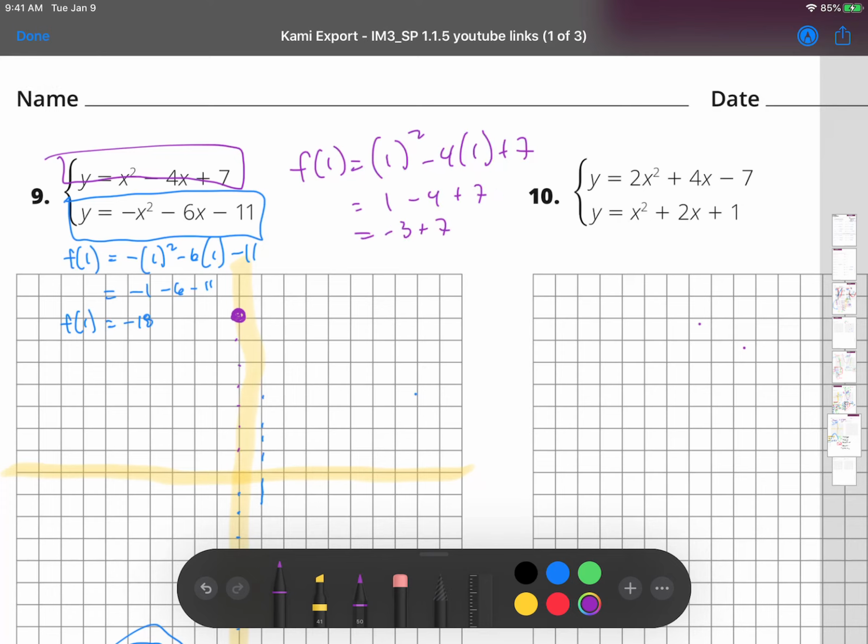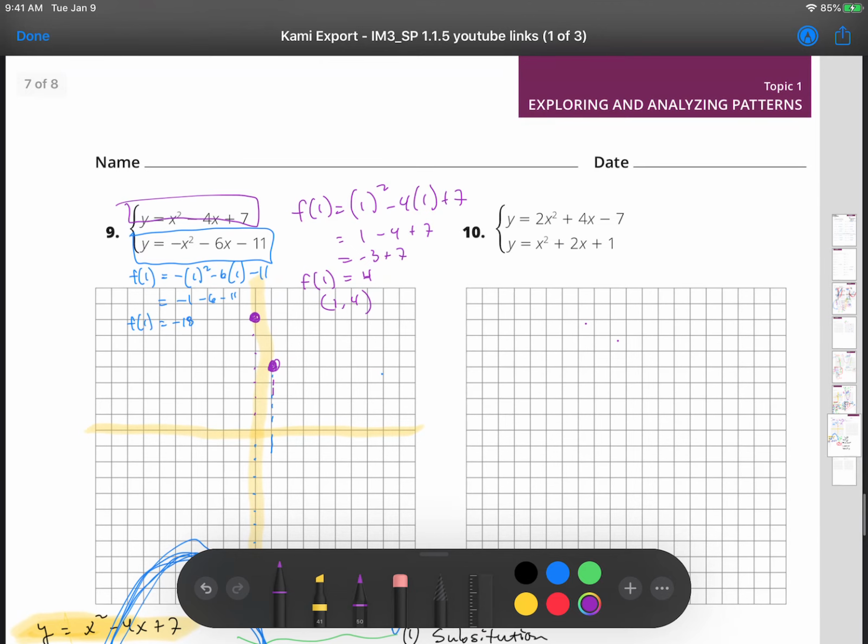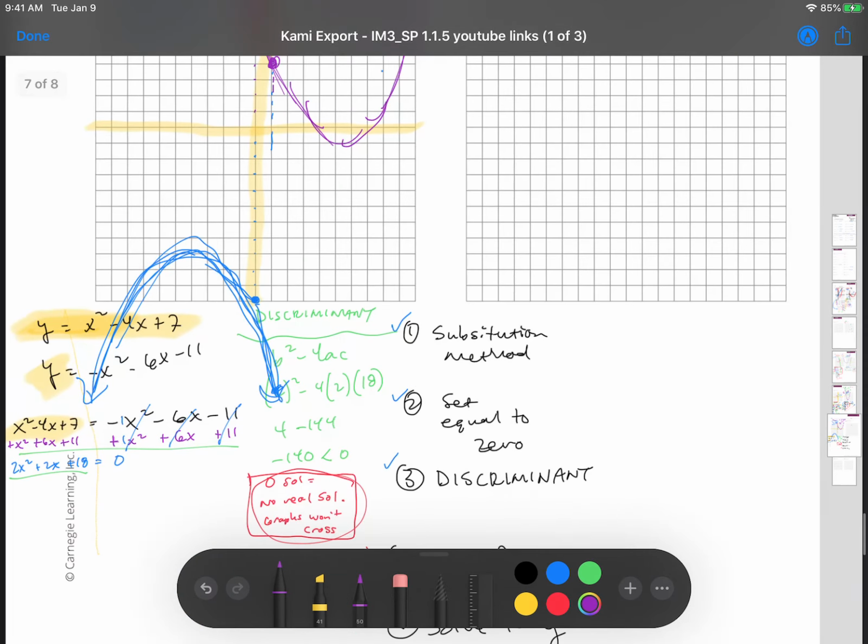Negative 3 plus 7, that's positive 4. So that is 1 comma 4. That's just another ordered pair that I can use. What does that tell me? At least my graph I know is probably going to be something like this. Okay, what's the big deal? We already talked about how there's 0 solutions. The graphs are not going to cross, and look, they don't touch each other.